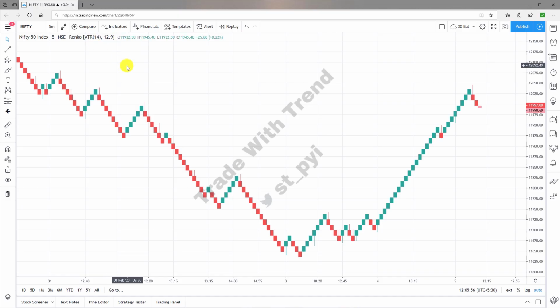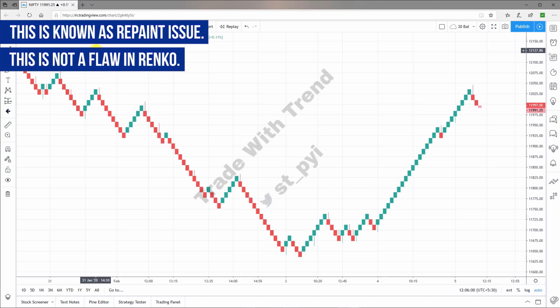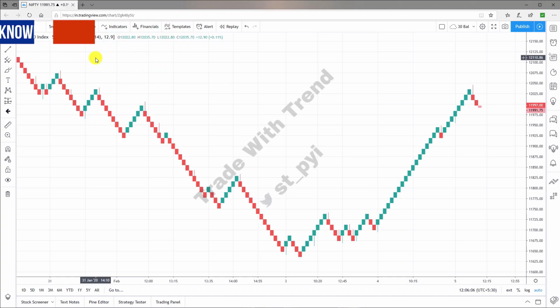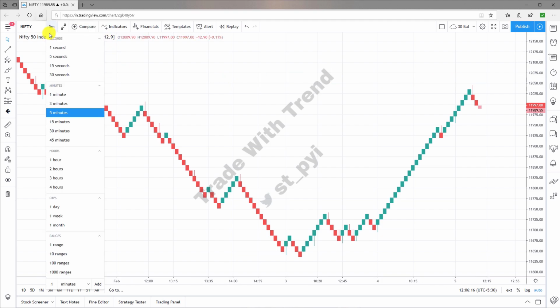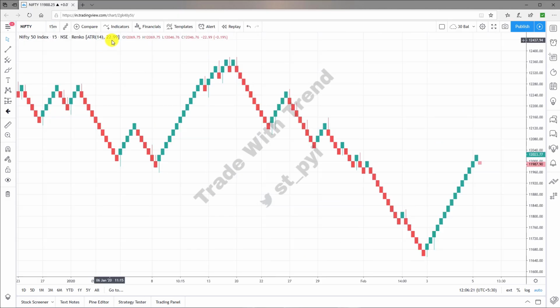So if you can adapt to this change, then you should also try out the ATR method, because after all this is linked with the underlying volatility, and any method that uses volatility is always a good method to experiment with. But just bear in mind that as soon as the ATR value changes, the entire chart structure will also change. So if I now switch down to something like a 15-minute time frame chart, the ATR value would certainly be different.